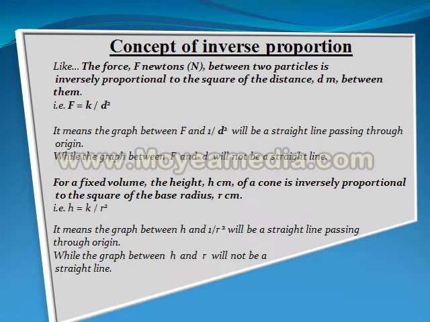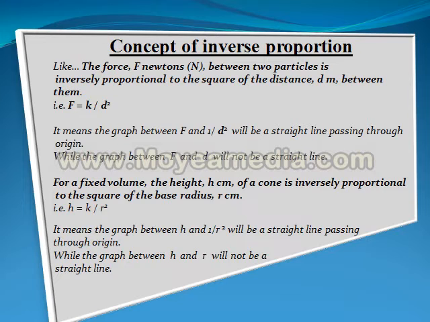And this question about volume is there in your book. For a fixed volume, basically taking the shape of a cone, the height of the cone h is always inversely proportional to the square of the base radius r.